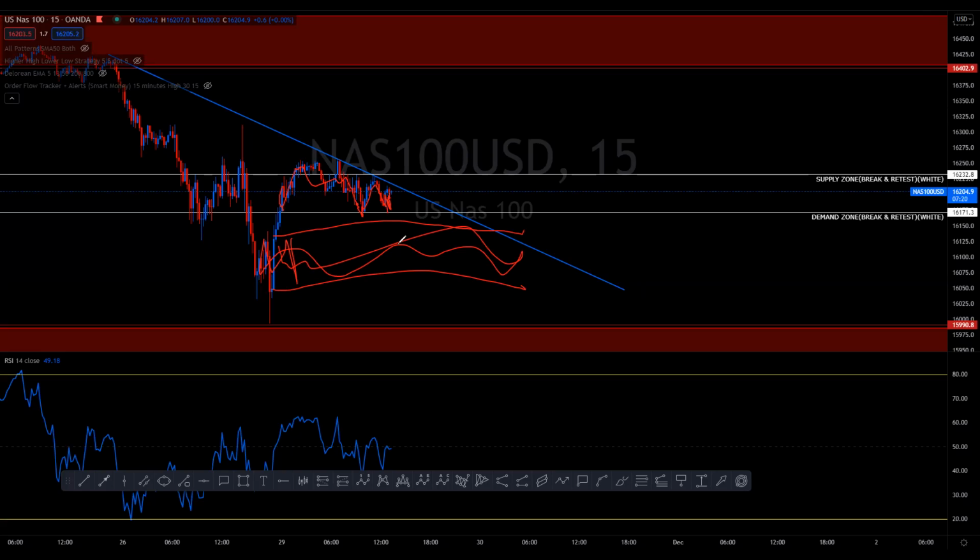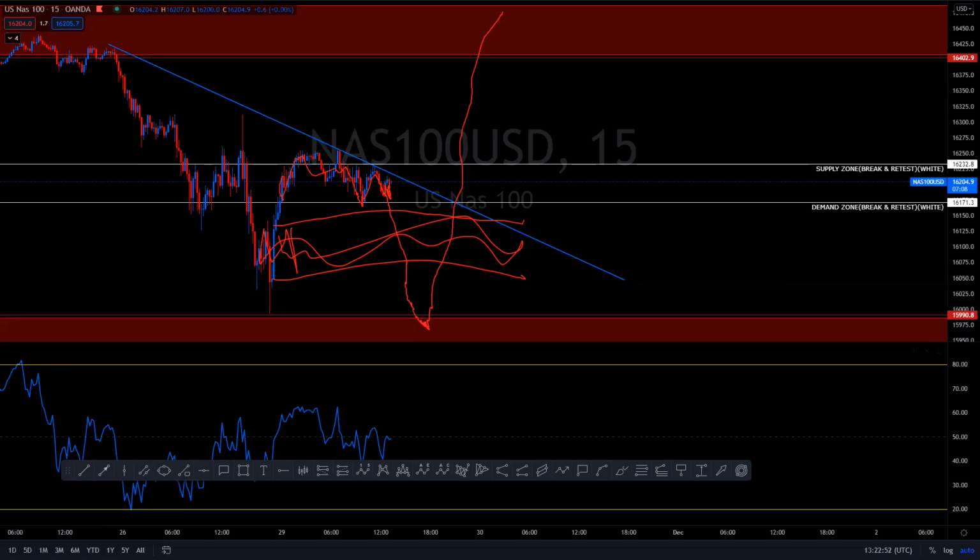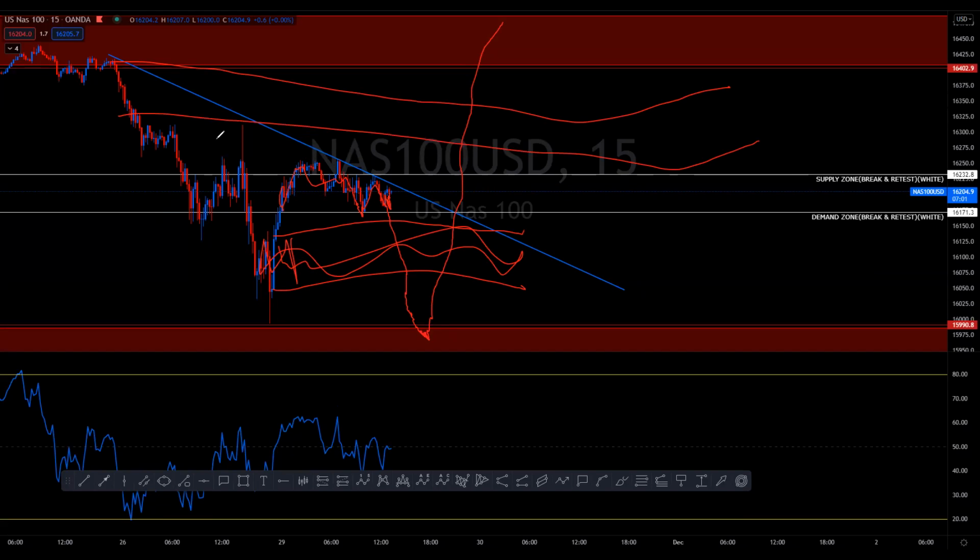So I'm thinking they're probably going to come down and mitigate this area, and then maybe drive price to be oversold, and then ultimately create an all-time high to fill all the imbalance that is created here, because there's still a lot of buy orders that were left over in this area that they haven't come to mitigate yet. So we'll see.